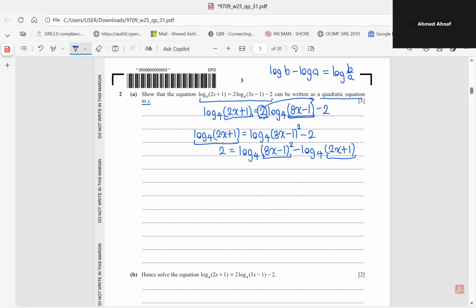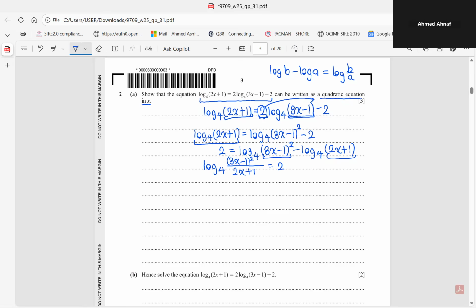We also used this in the previous question. So hence we'll get log base 4 of 3x minus 1 squared over 2x plus 1. Sorry, it's not really clear in here. I'm going to just rewrite it so that it's clearer. So yeah, this is a square and this would be equal to 2.